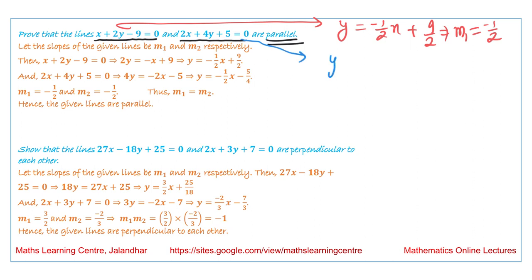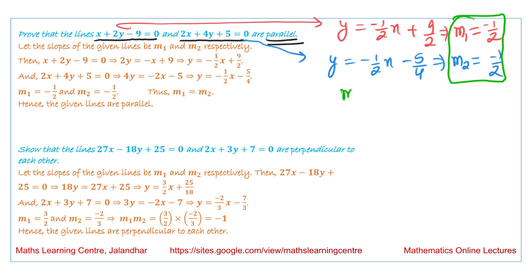From the second equation we can write y is equal to minus 1 by 2 x minus 5 by 4. This implies the value of m2, the slope for this equation, is minus 1 by 2. Now look at the slope of both these equations. We are saying m1 is equal to m2. So this implies that the given lines are parallel, because the slopes of both these lines are equal to each other.